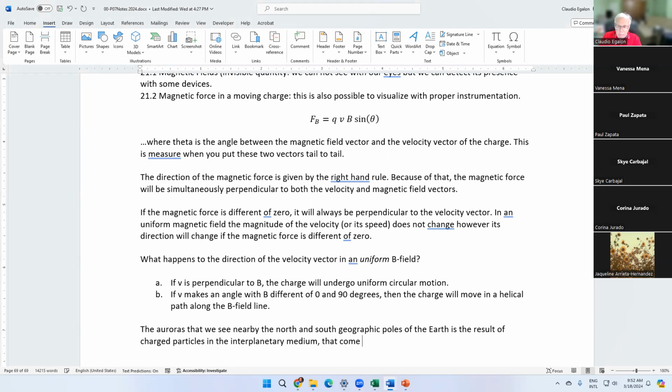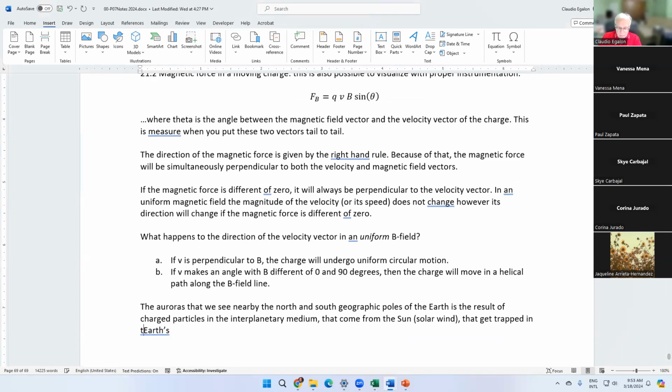Those charged particles are part of what we call the solar wind, that get trapped in the Earth's magnetic field.